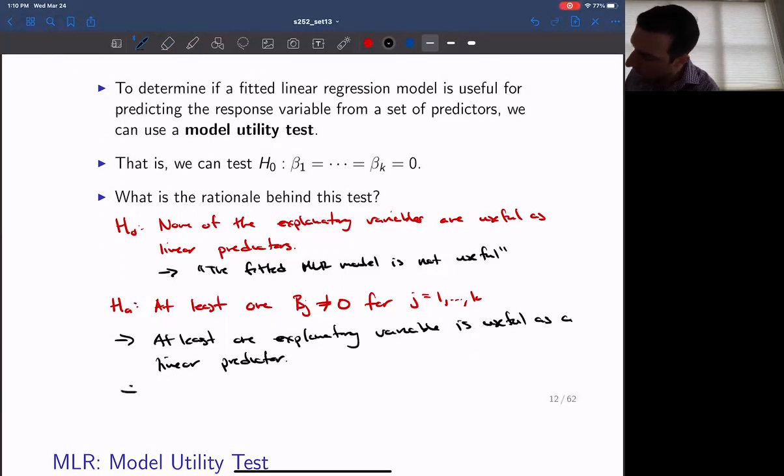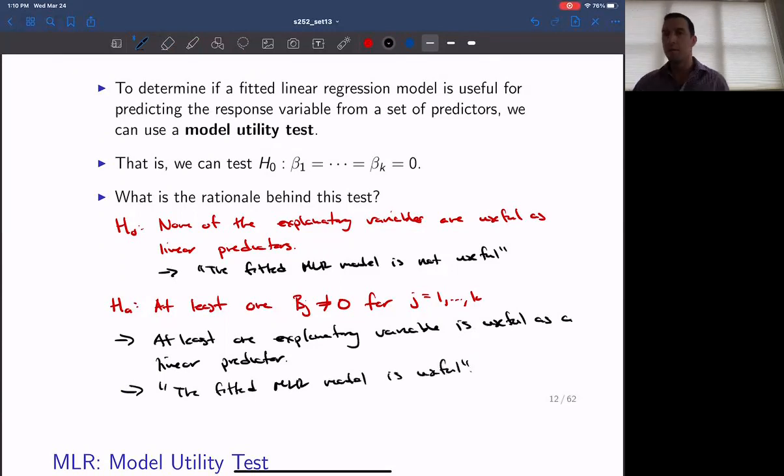Okay, and that would basically just mean that the fitted MLR model is useful, right?